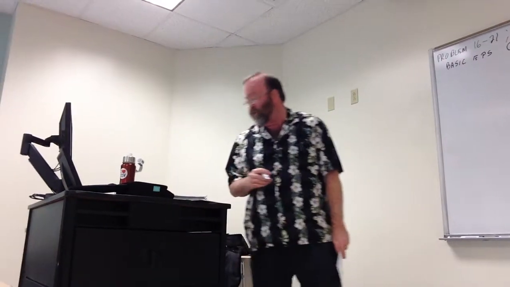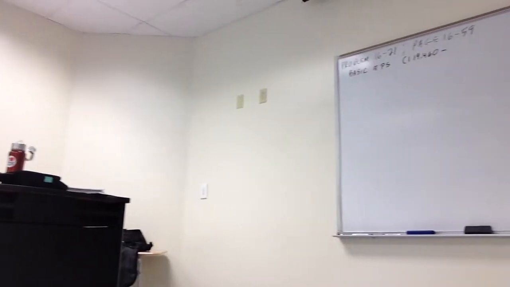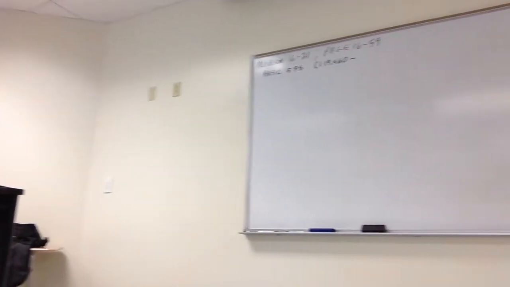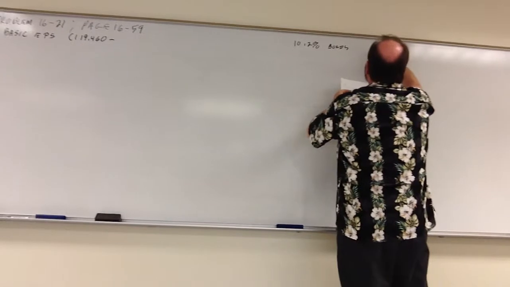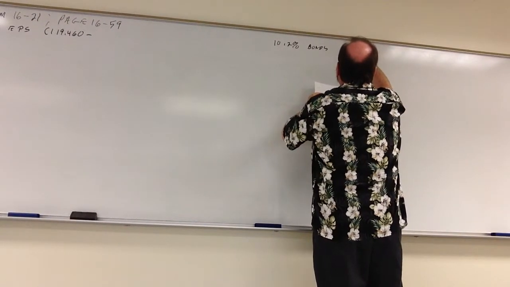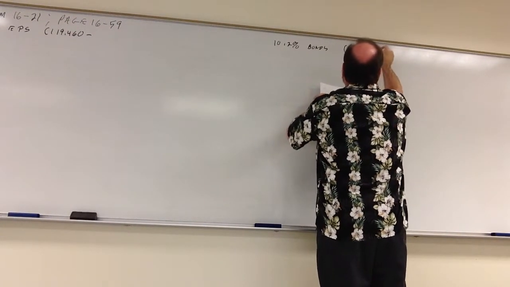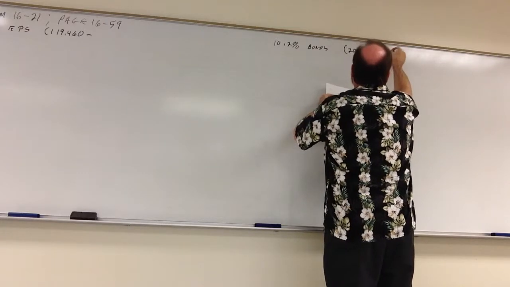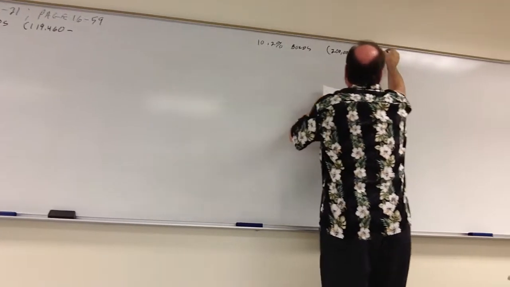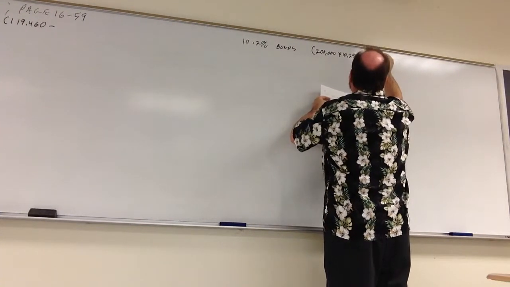Bear with me. So we have a $200,000 bond issued at par that's paying 10.2%. Each $1,000 bond is convertible into 28 shares. So we have 200,000 times 10.2% times 1 minus 30%.